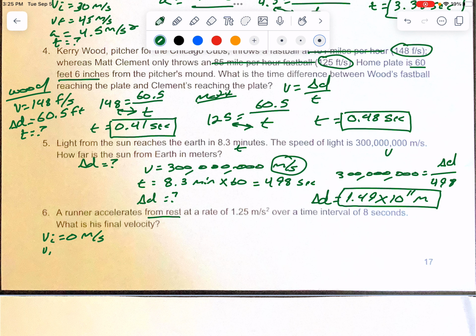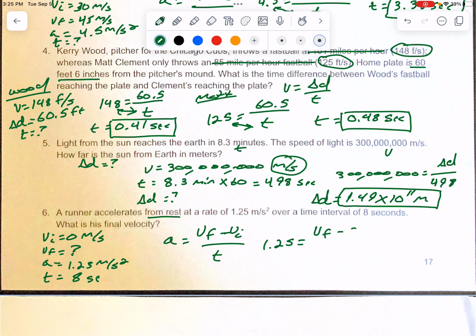So VF is what we're looking for. That's our question mark. I gave you acceleration, which is 1.25 meters per second squared, and a time interval of 8 seconds. So we know A equals VF minus VI over T. A is 1.25 equals VF, which you don't know, minus 0 over my time, which is 8.